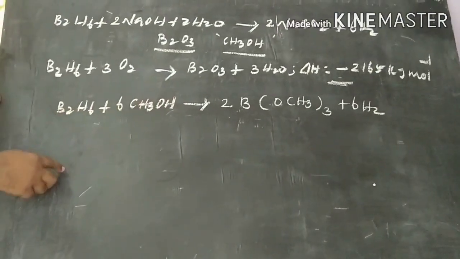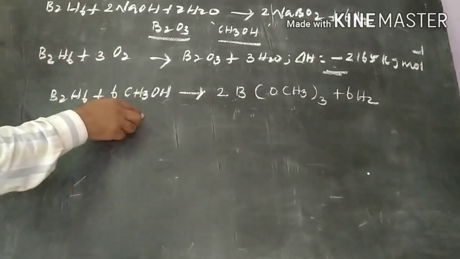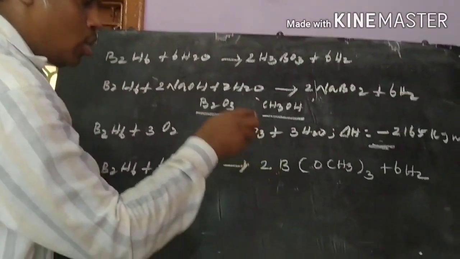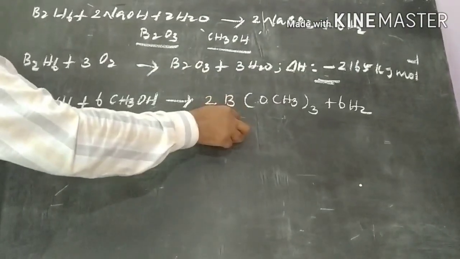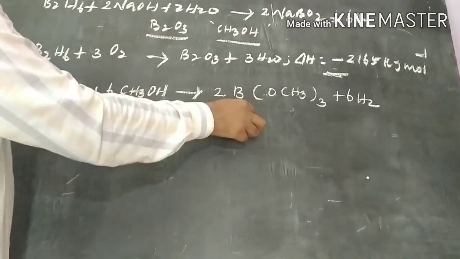Diborane reacts with methyl alcohol to give trimethyl borate.